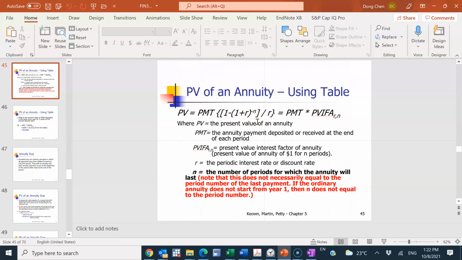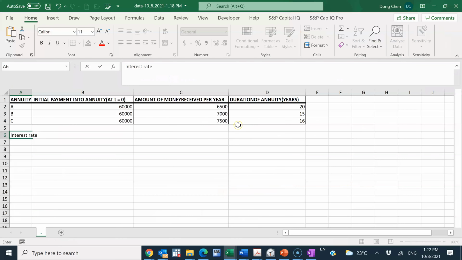That R is the interest rate, it is also the discount rate, and as we said, in terms of compounding, that also becomes the rate of return. So this is the interest rate, and this is the return, and this is the discount rate. So they are all referring to the same number. So interest rate, annuity A.